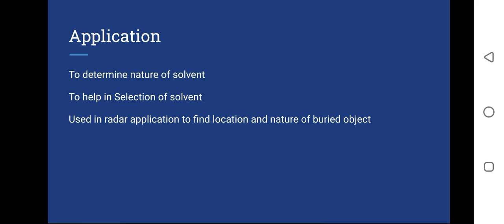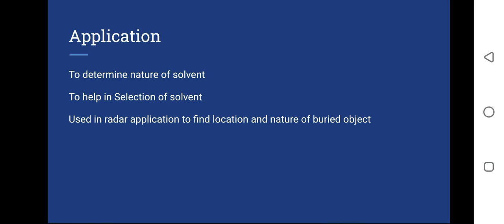As far as the applications of the dielectric constant are concerned, it is a physical property that can be used to determine the nature of the solvent, whether it is polar, non-polar or semi-polar, which can be scaled upon the dielectric constant of that solvent.